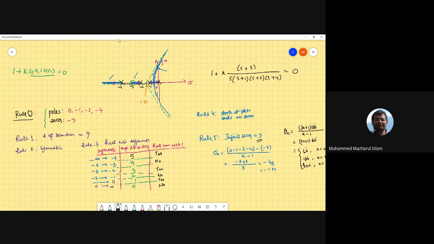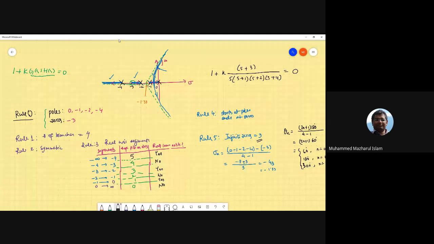The number of branches will be equal to the highest power of s in either the numerator or the denominator of GH. Or you can also get the number of branches from the numbers of poles and zeros, whichever is the highest. There are 4 poles and 1 zero, so the number of branches will be 4. You can get the number of branches in either of the ways.